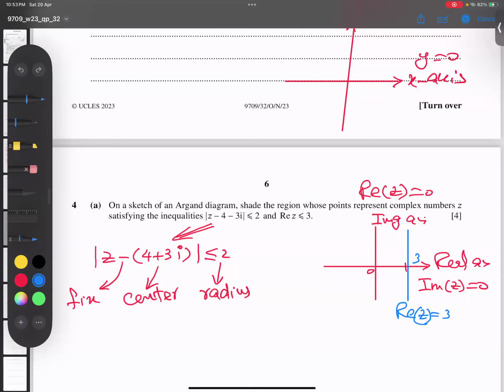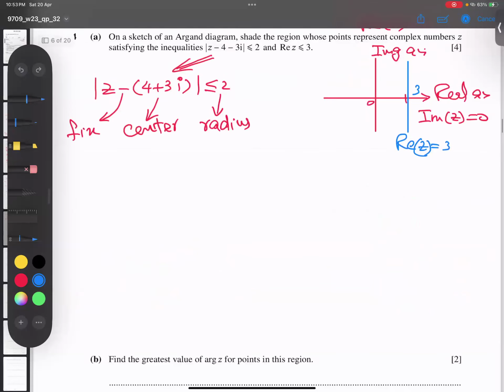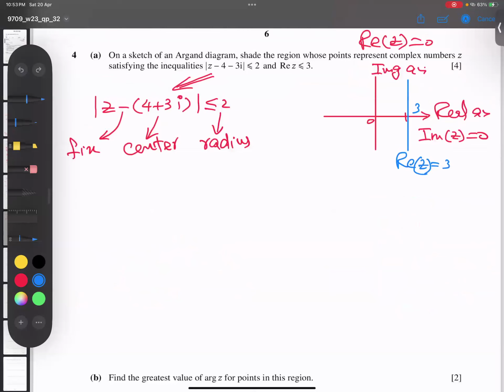And now I'm going to sketch the first one. Have a look here at how we can sketch the first part. The first part is sketching a circle with center 4, 3. Sometimes this number equals that, and then it will touch the x-axis or y-axis depending upon the situation.